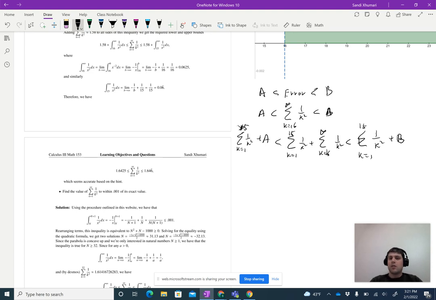And so adding all that, now I get the full infinite series from 1 to infinity is between whatever this is.